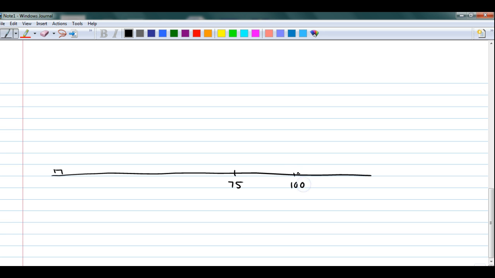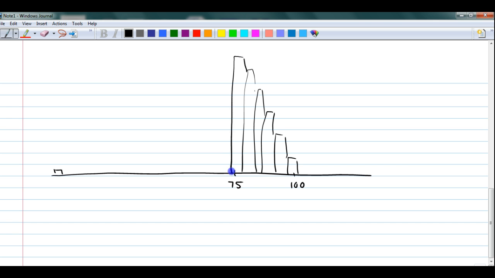Not too many hundreds. We'll say if I had a bar graph, it might go something like that. That's every single statistics paper.